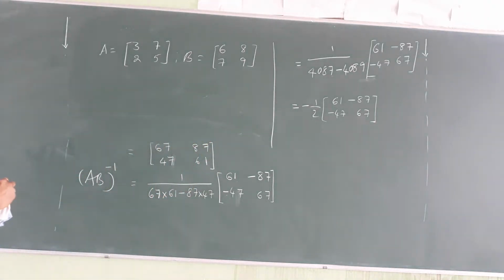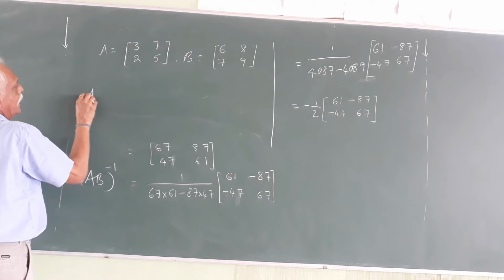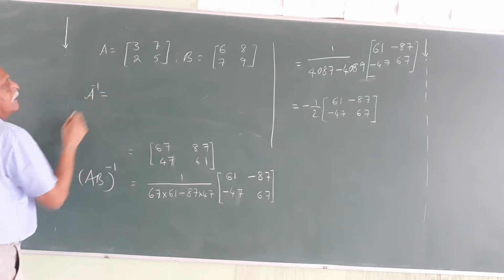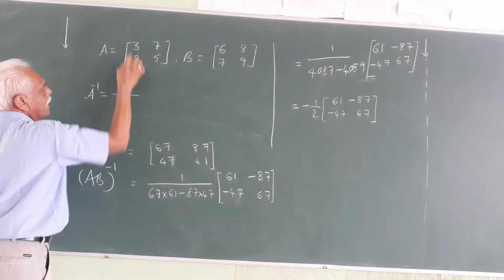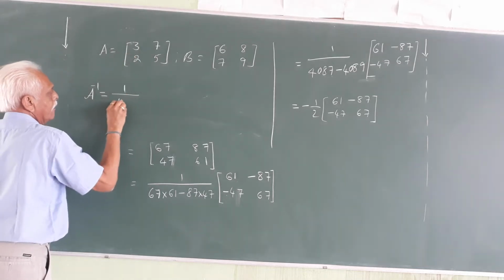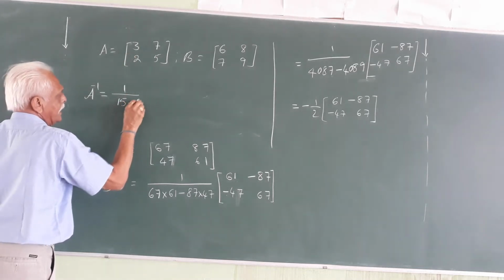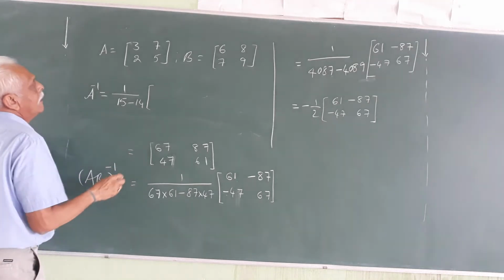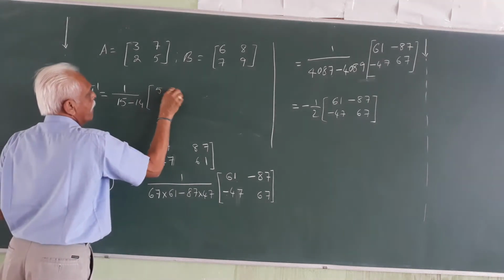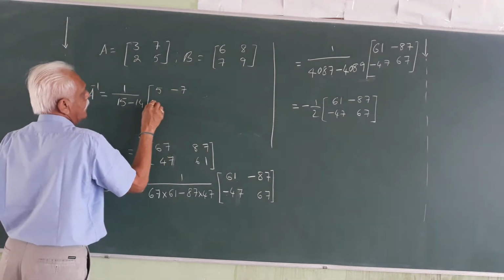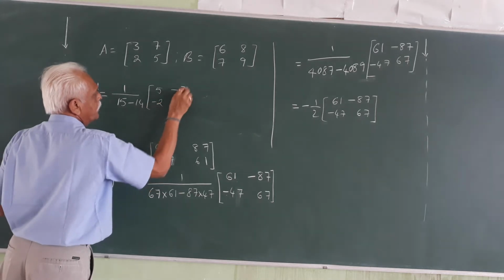Now, A inverse is equal to 1 by AD minus BC, 5 minus 7 minus 2 3.